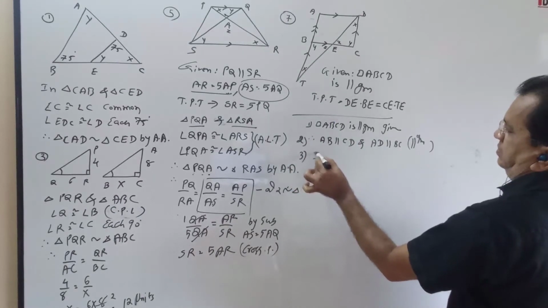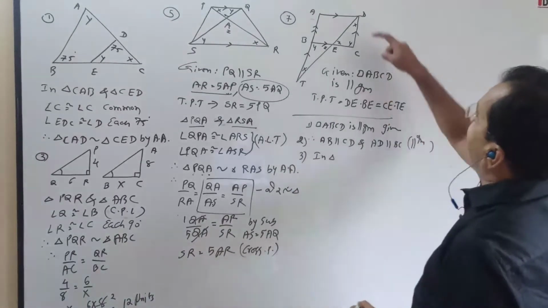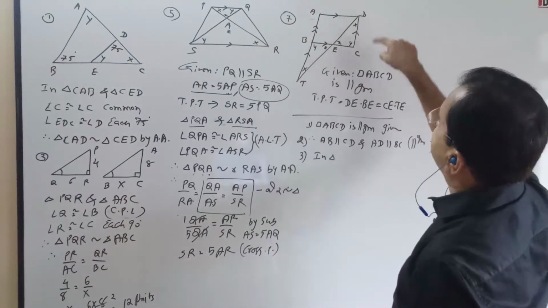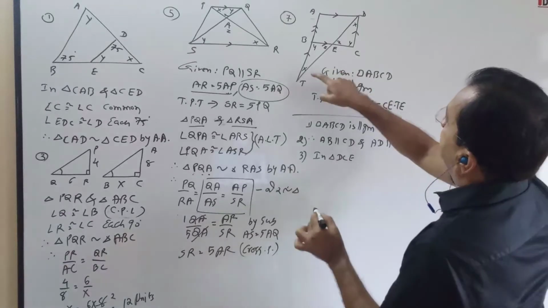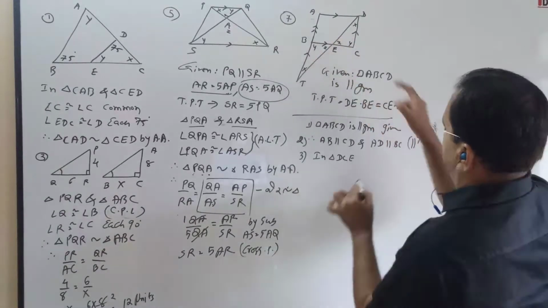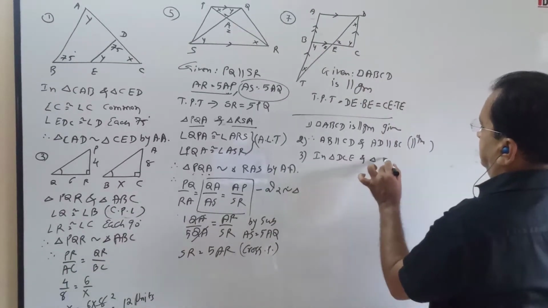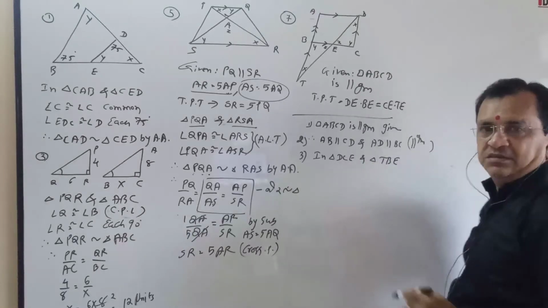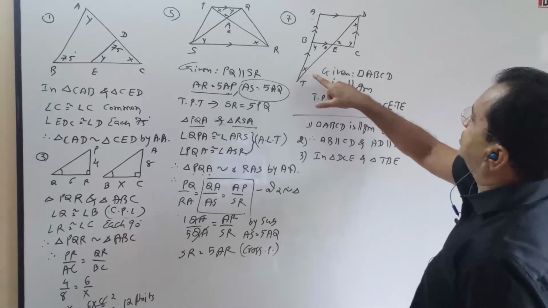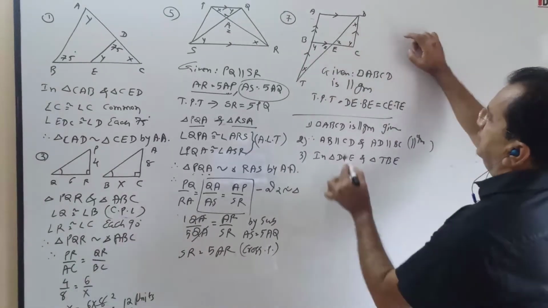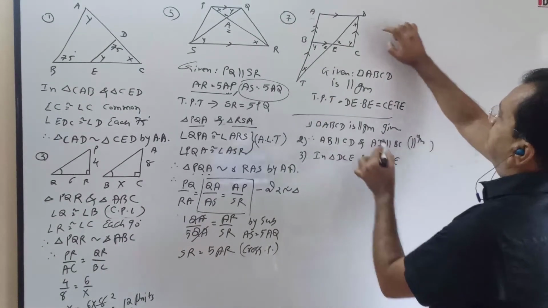Now in triangle XYZ DCE and XYZ TBE, now write the pair which are XX only. So this I have written first.